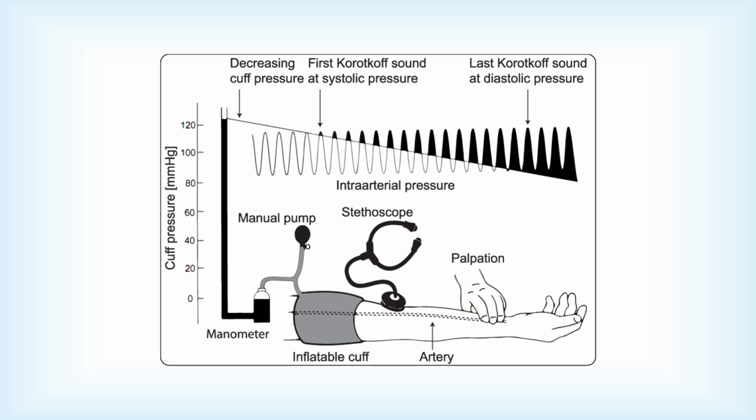The transition from the noisy turbulent flow to laminar quiet flow. Both the systolic blood pressure and the diastolic blood pressure can be determined. There is no direct mean arterial pressure measured, but it can be estimated using the systolic and diastolic blood pressures.